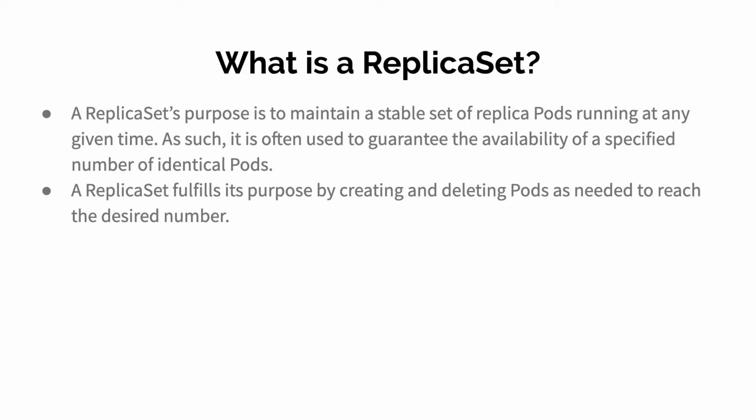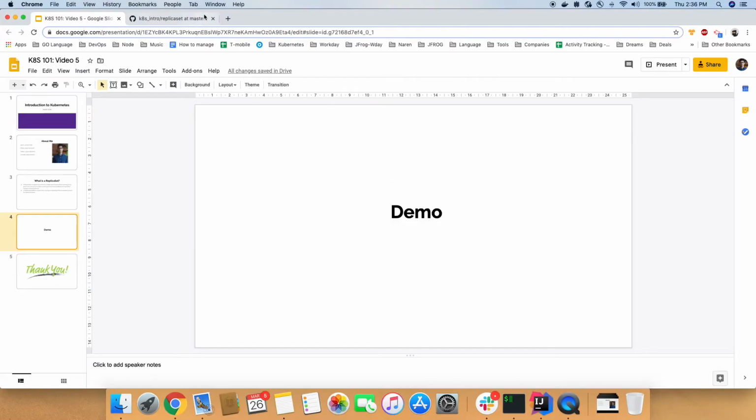If something happens to one of the pods, let's say it's failing the health check or liveness probe, as we talked about last time, or the readiness probe, then it will kill or delete that pod, and it will create a new one to maintain the desired state of running three pods at all given times. So let's just look at that with a demo.